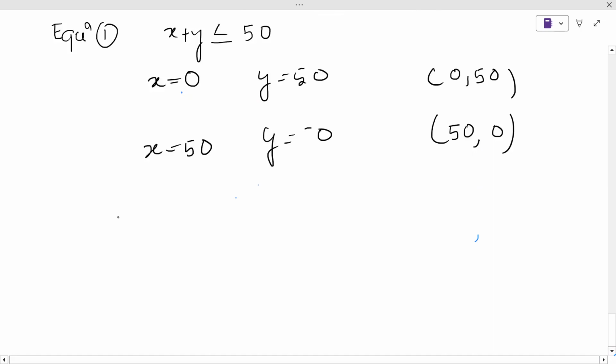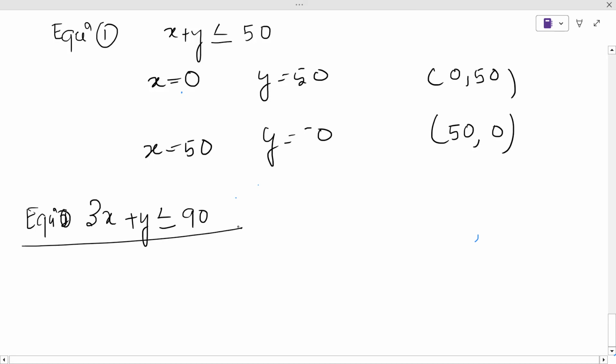Equation 2: 3x plus y less than or equal to 90. Put x equal to 0.